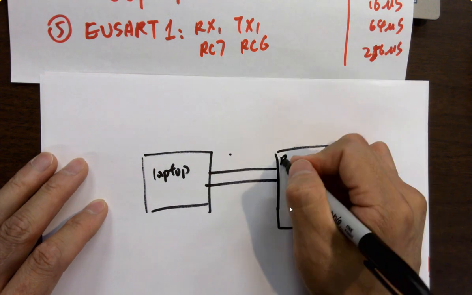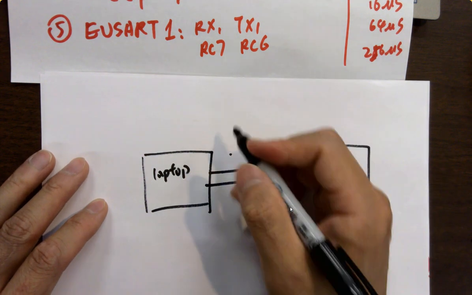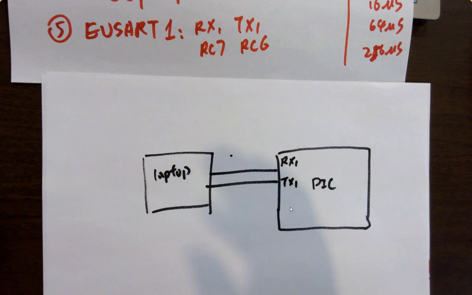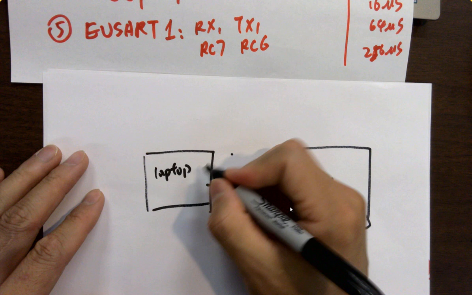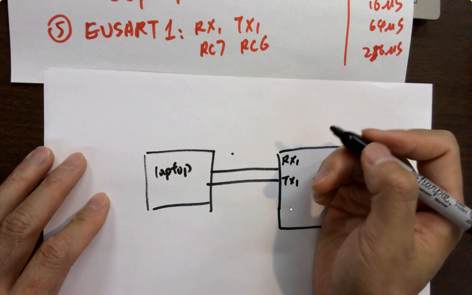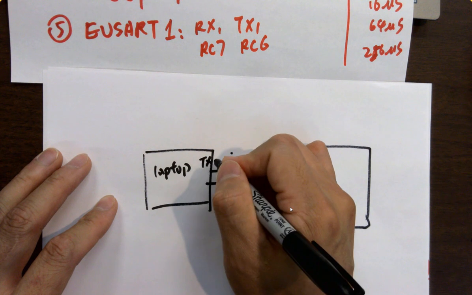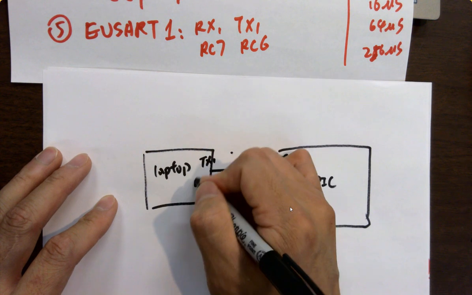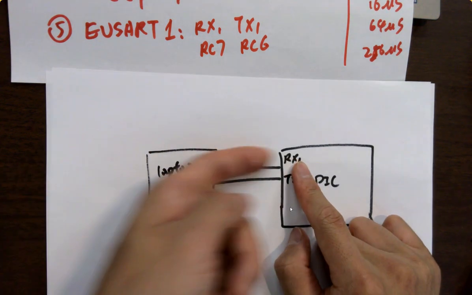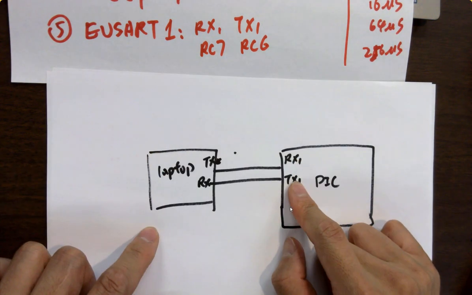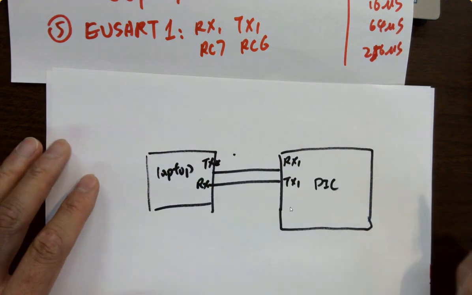So the PIC's RX1, TX1 is connected to your laptop, even though there's a UART to USB converter. Let's just treat this as a common microcontroller device. So RX should be connected to TX, and TX should be connected to RX. That makes sense, right? This is receiving, this is transmitting. That's usually how you do the connections with UART protocols.